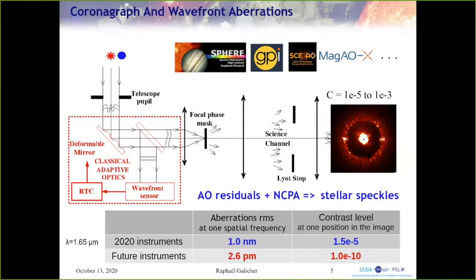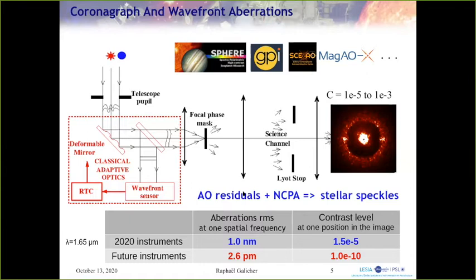But if you want to detect an Earth-like planet, you need a contrast of 10^-10. And so you need aberrations that are smaller at each frequency than 3 picometers.